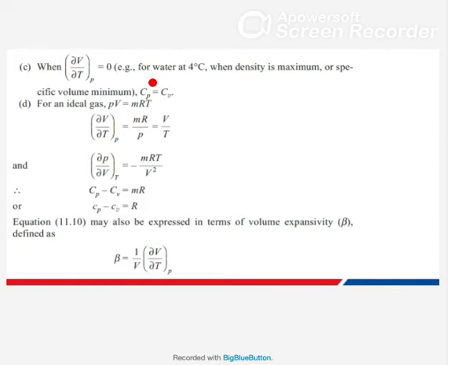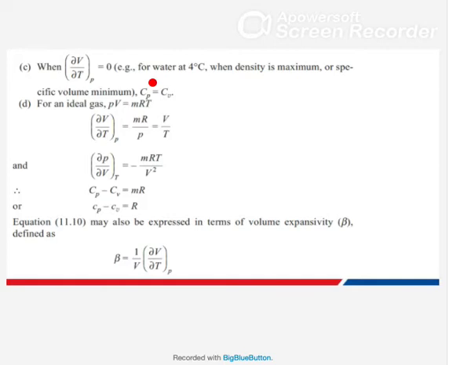So incompressible things have a specific heat whose value will not differ with process. Cp and Cv will be equal for incompressible things. It is different only for compressible things, like air and water vapor.